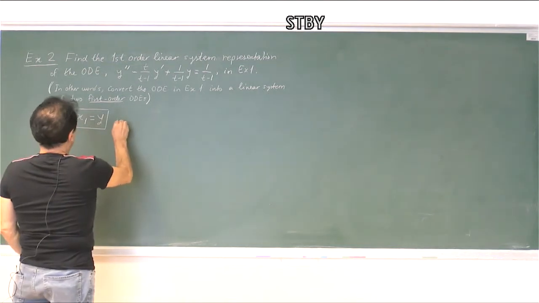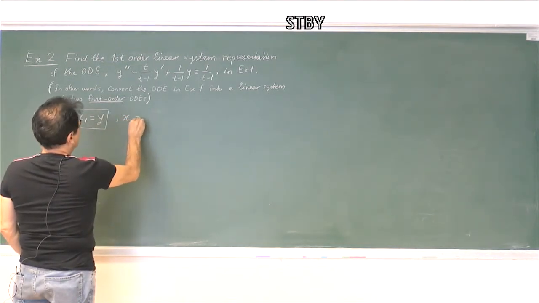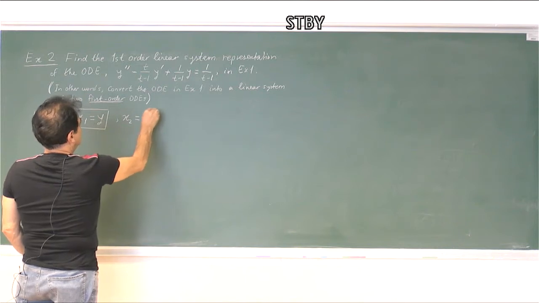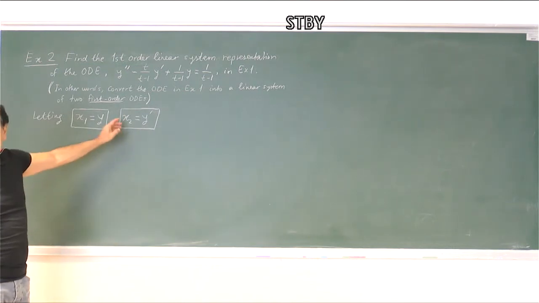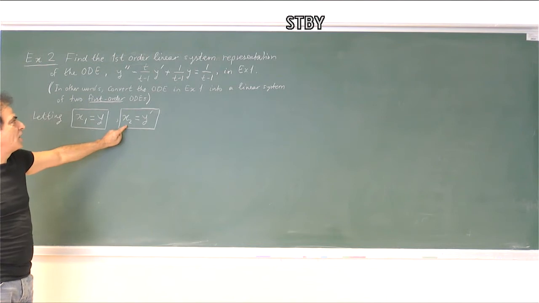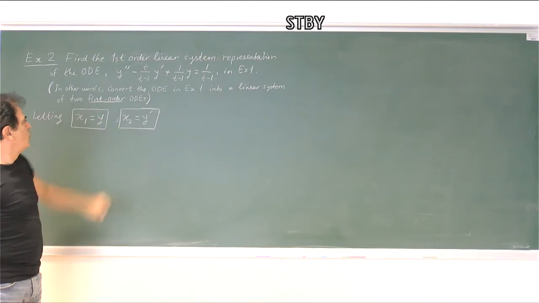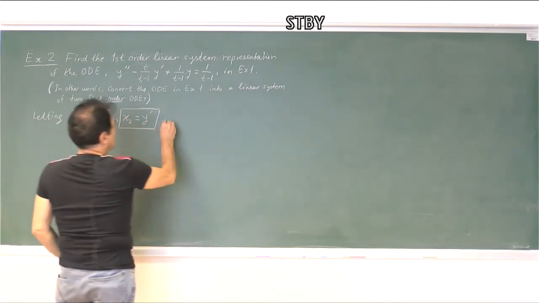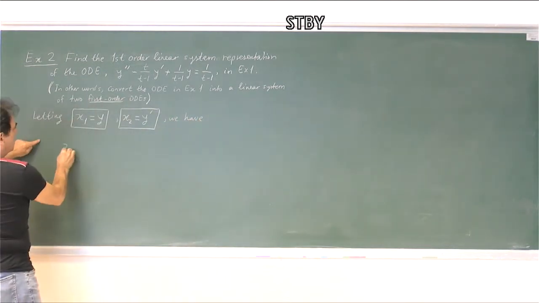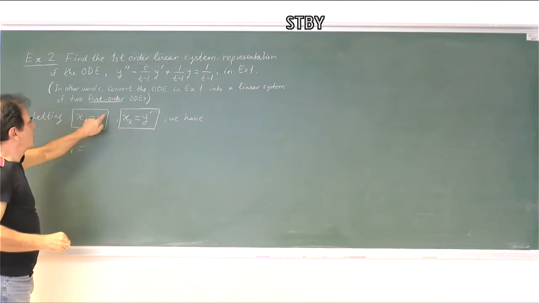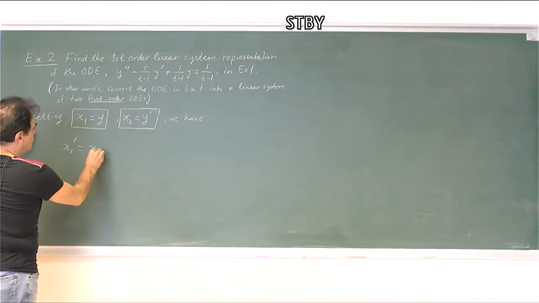And its derivative is defined as another dependent variable, which is a function of t. With these two functions, we have, look at that, x1 prime, the derivative of x1, is y prime, which is x2.